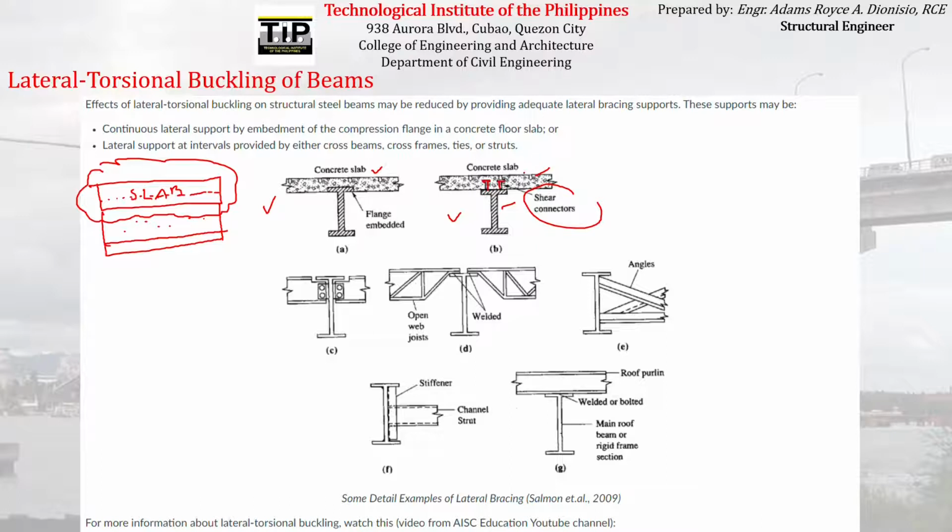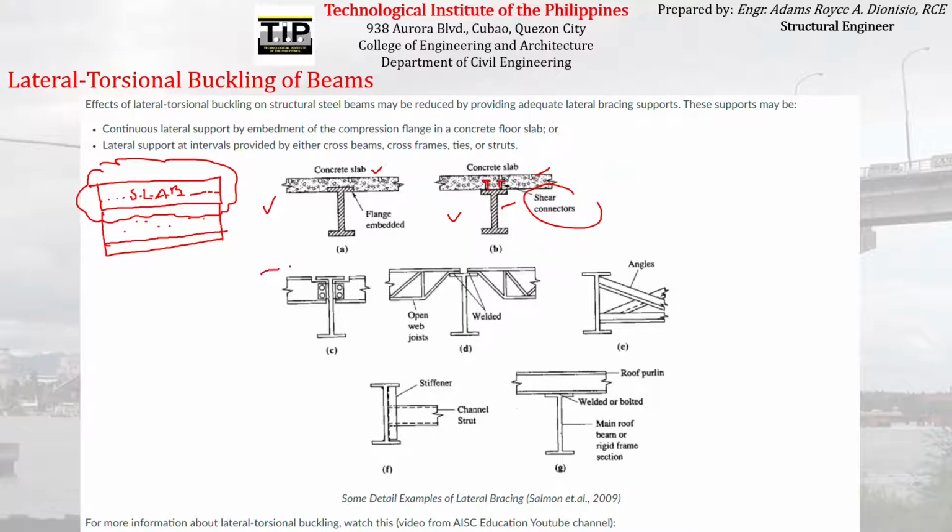Horizontal shear stresses are usually transferred from the slab to the steel beam using those shear connectors. So those are just two examples of how to provide continuous support to the beam, so that lateral bracing will be provided all throughout the length of the beam.